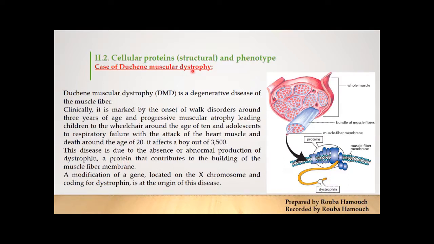Duchenne muscular dystrophy is a genetic disease also, since a modification of a gene located on the X chromosome and coding for dystrophin is at the origin of this disease. So the genetic cause of Duchenne muscular dystrophy is an abnormality, a mutation in the gene that codes for the dystrophin protein, and this gene is located on the X chromosome.